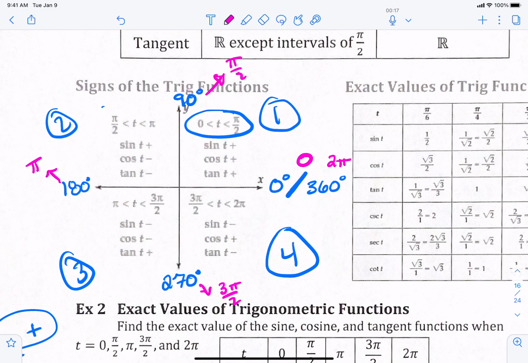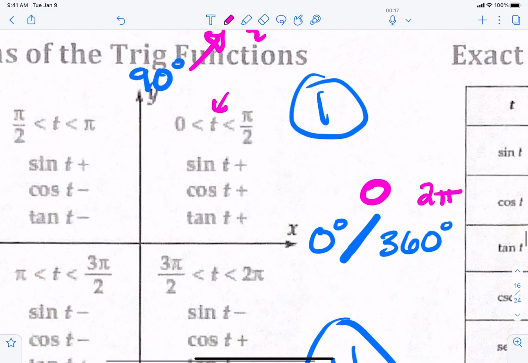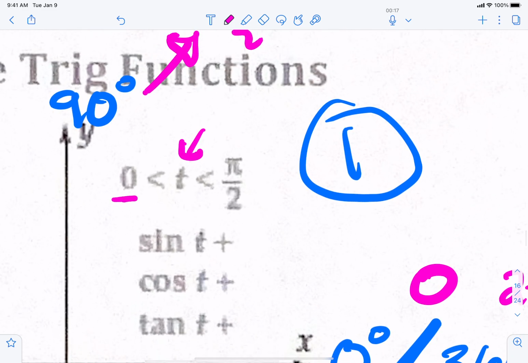So when they say my angle, which we're calling T, lives between 0 and pi over 2, that's just a fancy way of saying my angle is somewhere between 0 and 90 degrees.